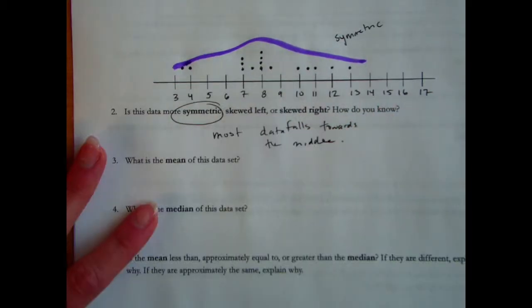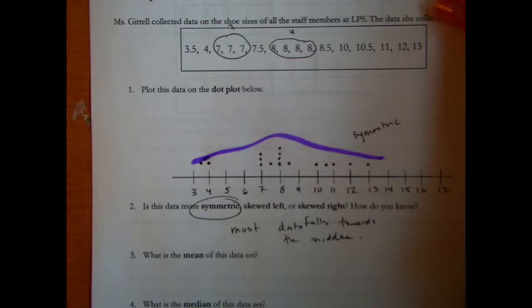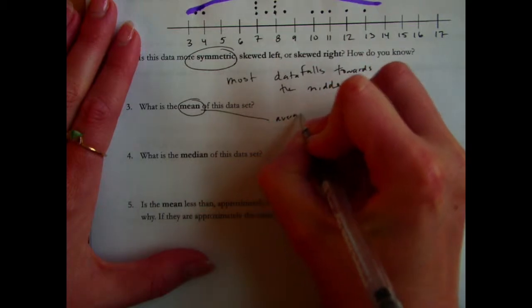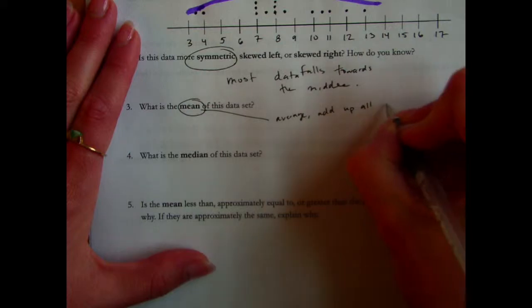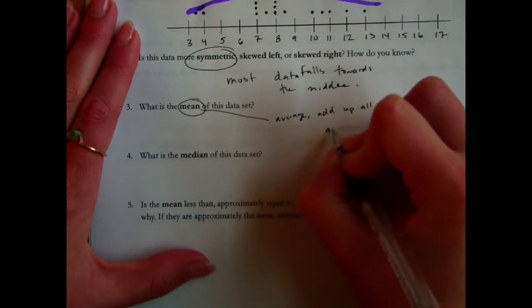Okay, the mean of the data set is going to come from knowing the definition of the mean. Mean is the average, where we add up all the numbers and divide by the amount of numbers.